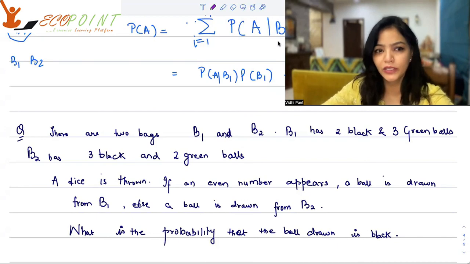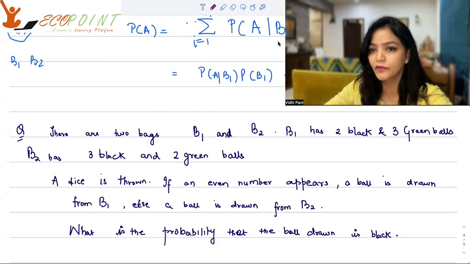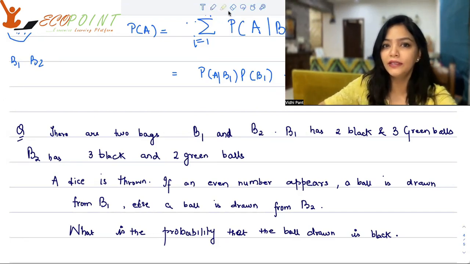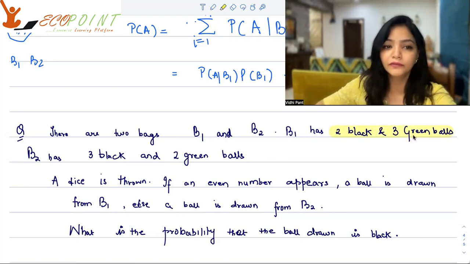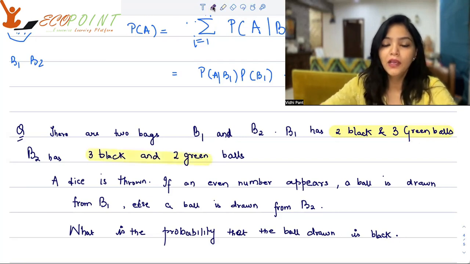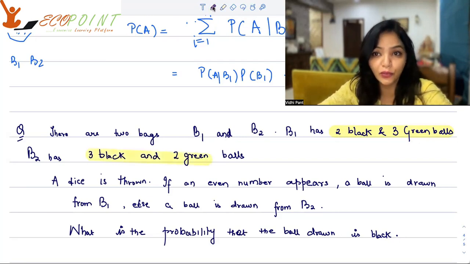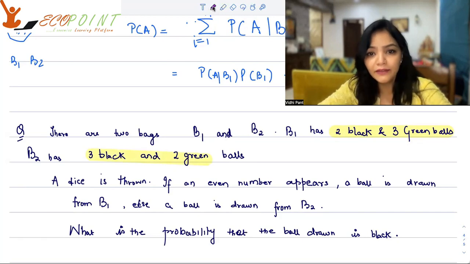Suppose we have a situation where there are two bags, B1 and B2. Now, B1 is a bag which consists of 2 black and 3 green balls, whereas B2 is a bag which consists of 3 black and 2 green balls. A dice is thrown. If an even number appears, a ball is drawn from B1.